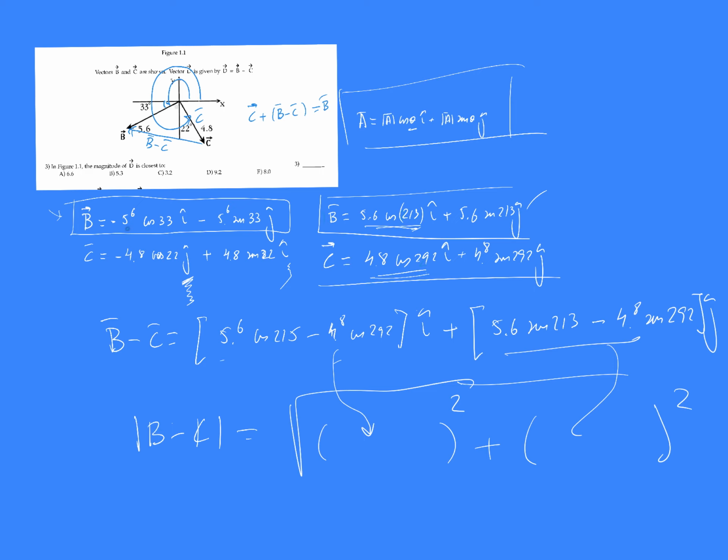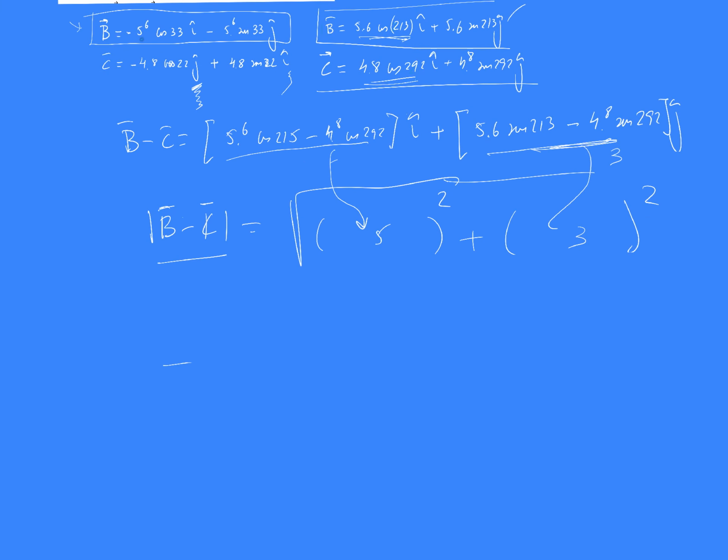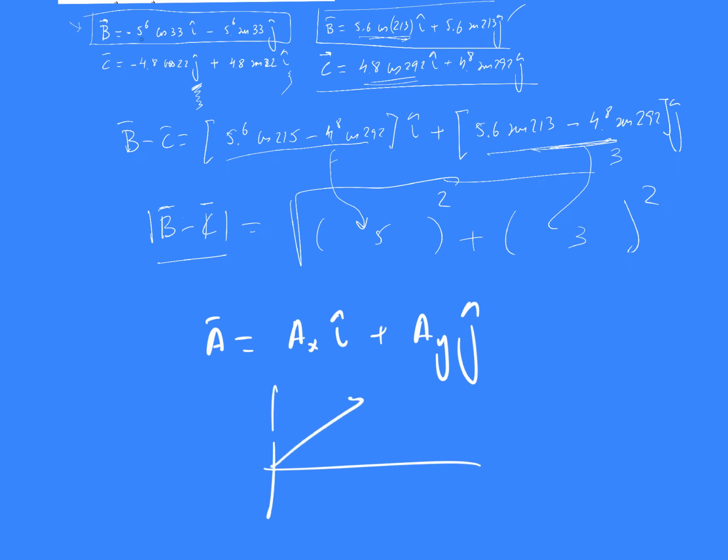So if this is 5, you would put 5 squared; if this is 3, you would put 3 squared. And you would find the magnitude of the vector v minus c. So the magnitude of the vector A, A x i plus A y j, is given by the Pythagorean theorem. This is the vector A.